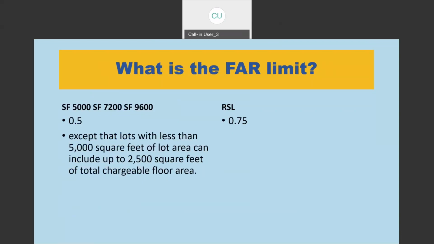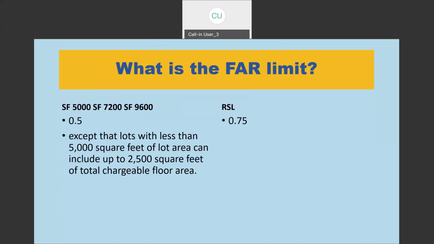In our single family zones, so single family 5,000, 7,200, and 9,600, the FAR limit is 50%. So 50% of whatever lot area you have. If you have a lot that is below 5,000 square feet, you can include up to 2,500 square feet of total chargeable floor area.